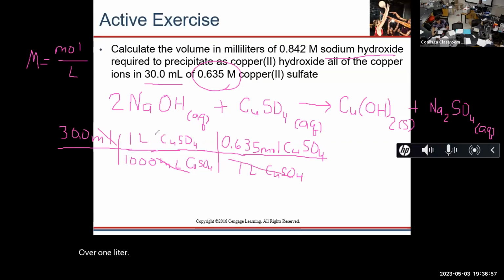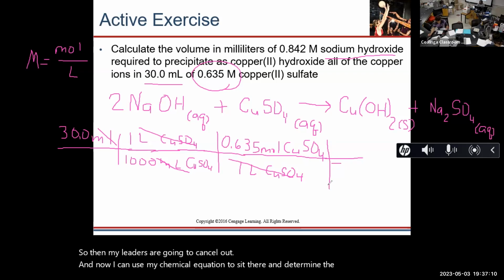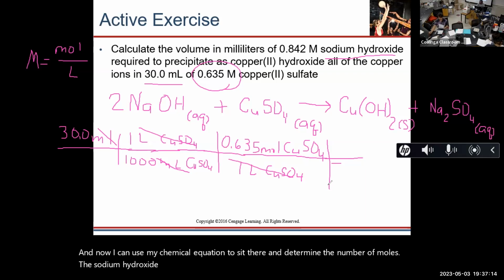Okay, so then my liters are going to cancel out. And now I can use my chemical equation to determine the number of moles of the sodium hydroxide I'm going to need to react with.